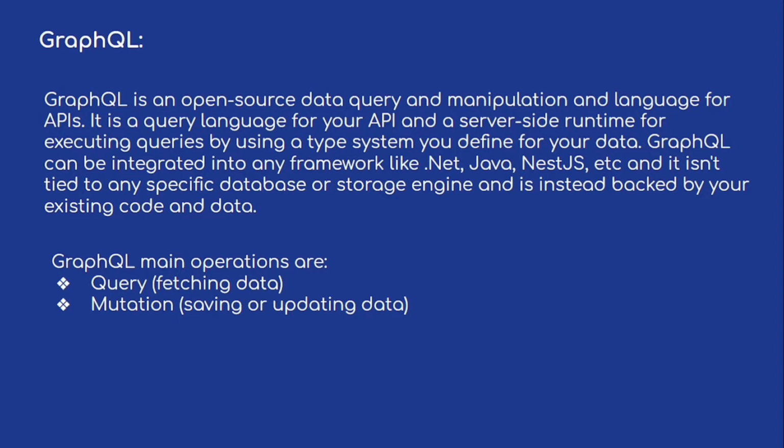Query means fetching the data, retrieving the data from the server, whereas mutation means saving or updating the data to the server. In a general REST API, we will have GET and POST methods, right? So here in GraphQL, it is classified as queries and mutations. Queries means fetching, mutation means some change needs to happen at the server.